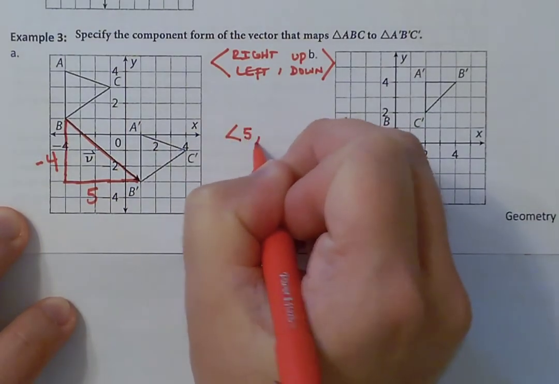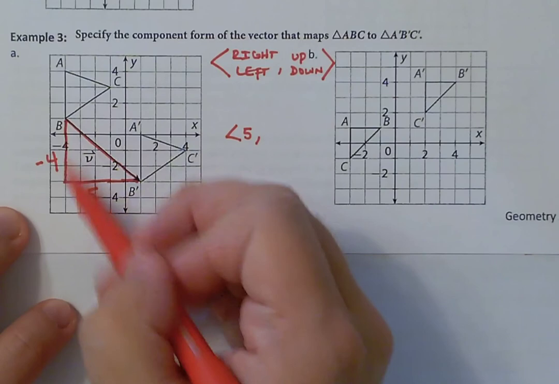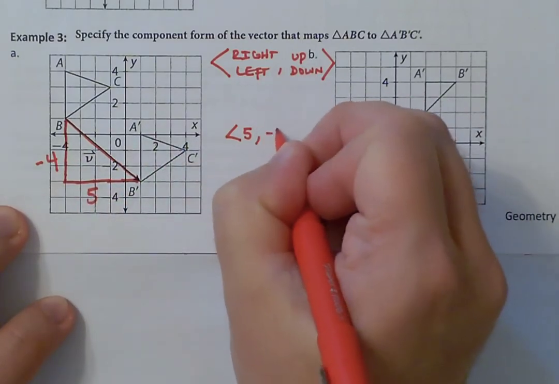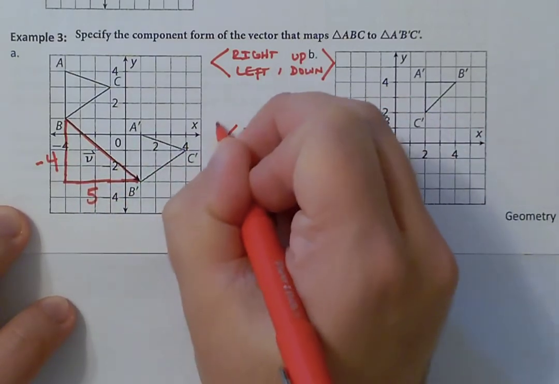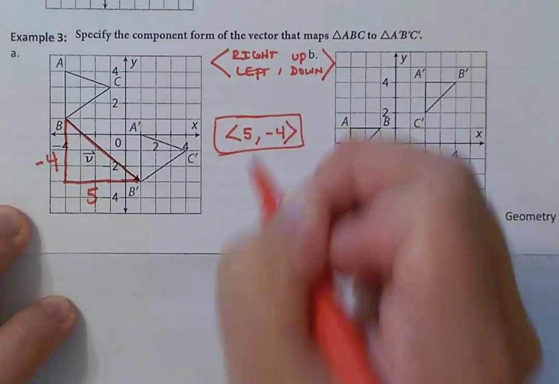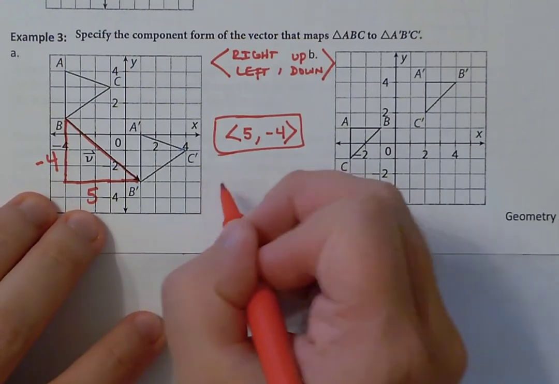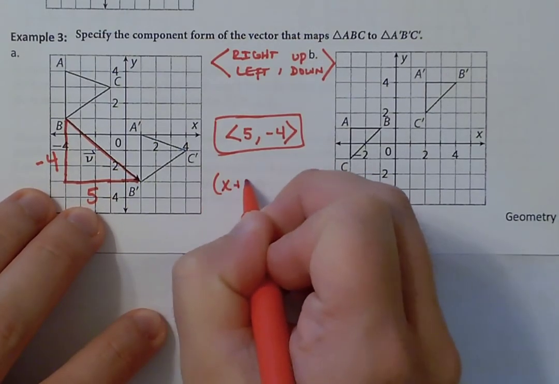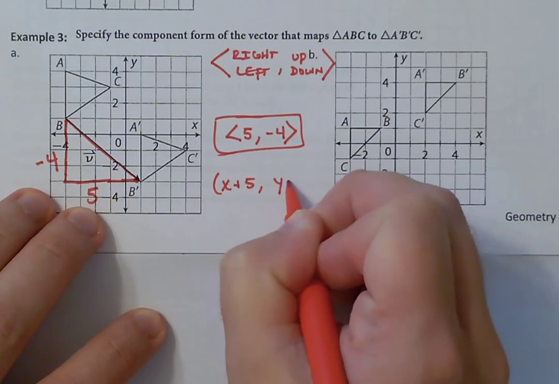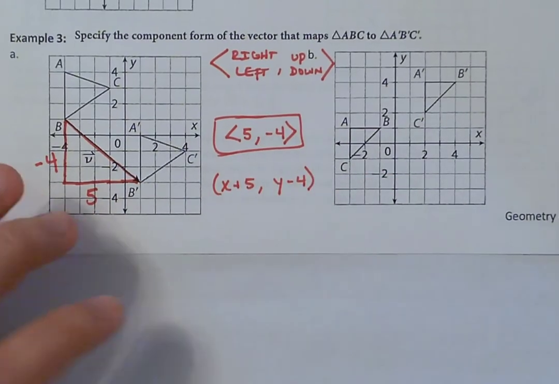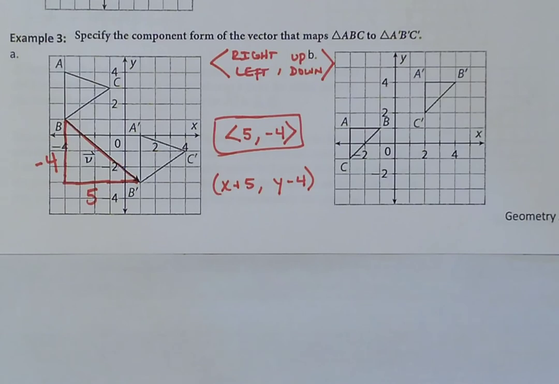So that's going to be a 5 first, and then we went down 4, and that's our negative 4 for the second number. So my component form of the vector is 5 comma negative 4. If I wanted to write the coordinate notation for this, it would be x plus 5 comma y minus 4. So that's just a little add-on bonus to change it from component to coordinate notation.